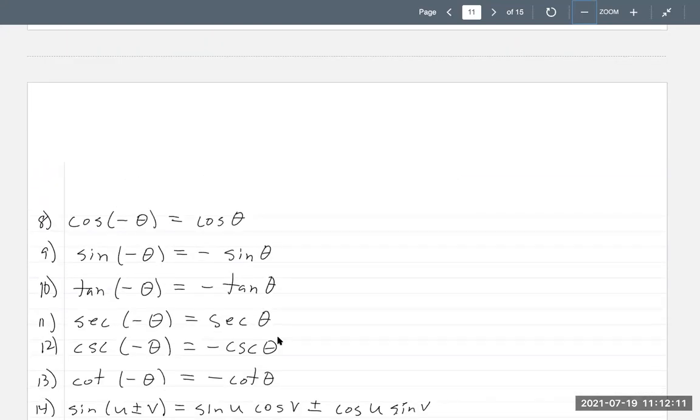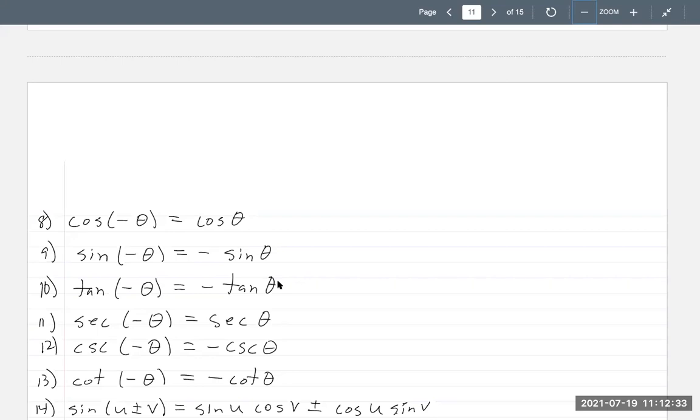And we have that cosine is an even function and sine is an odd function. And so cosine of negative theta is cosine theta. Sine of negative theta is negative sine theta. Tangent of negative theta is negative tangent theta.